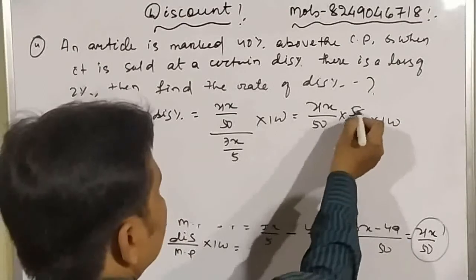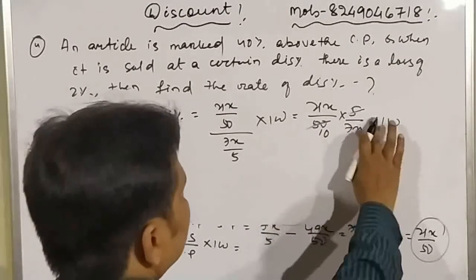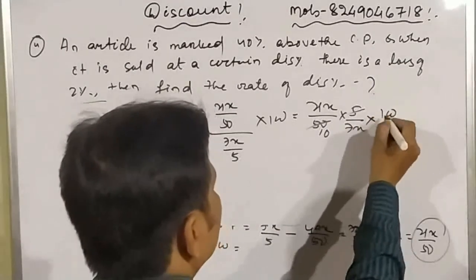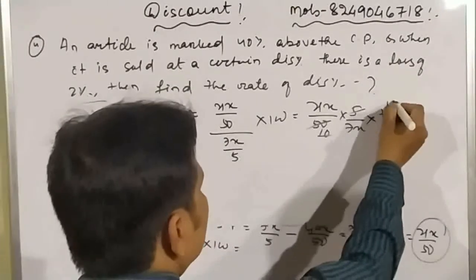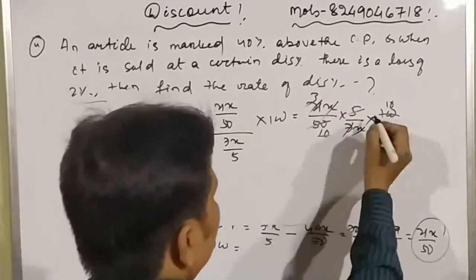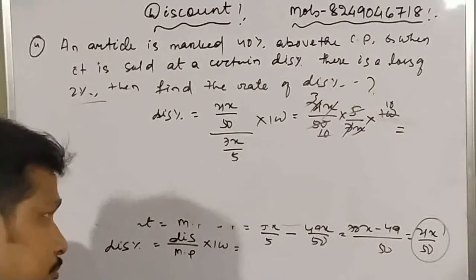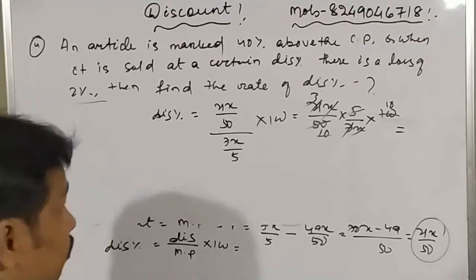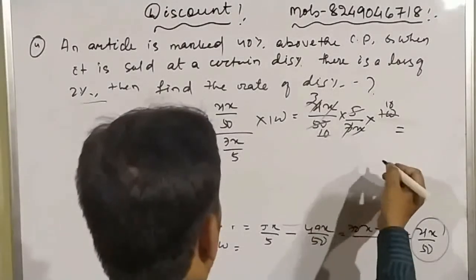So here you can see that 10 is cancelled into 100. Here 10 is also cancelled. Rest is 10, 7 cancels, 7 3, and x is cancelled. The right answer is 30.